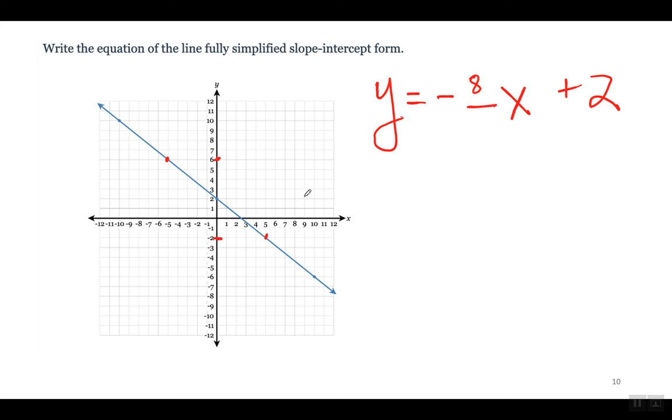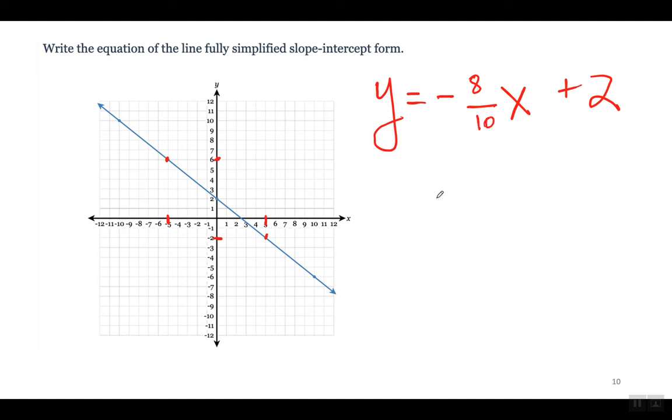So in total 8. And the run is going from negative 5 to positive 5, which is a distance of 10.